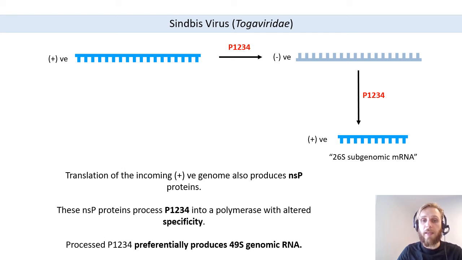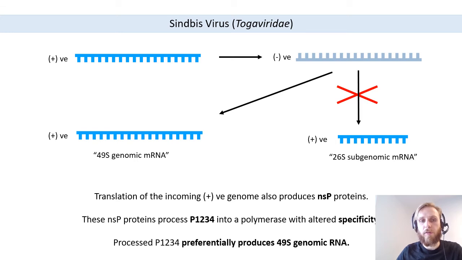And what NSP essentially does is it has an impact on P1234. It processes it, we say. So it changes the enzyme in such a way that the enzyme's function changes slightly. And this change in function ultimately results in a different length transcript being produced from the negative sense genome intermediate.